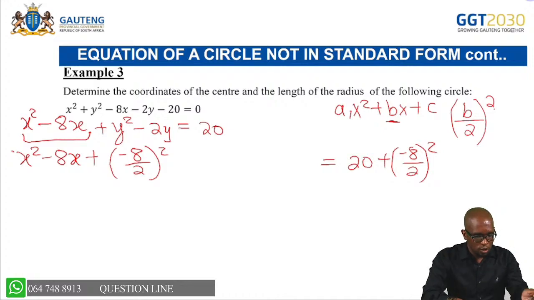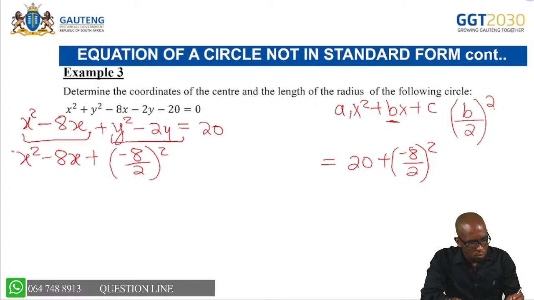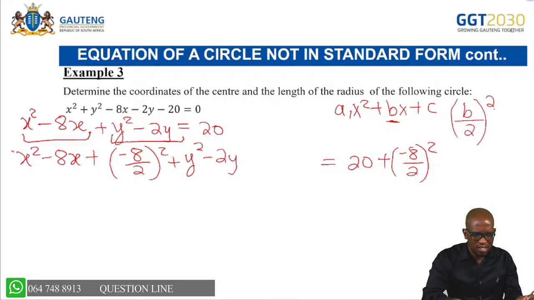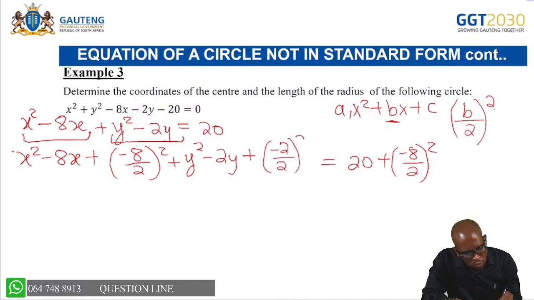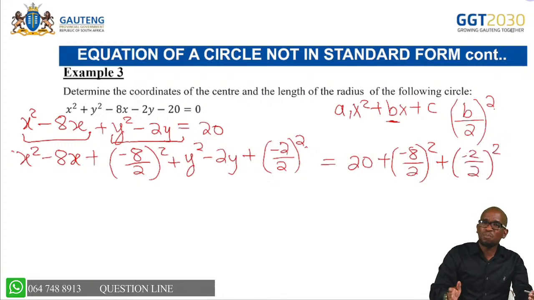Now moving on to the y values, this is y squared minus 2y. The value of b in this case is minus 2, so we take minus 2 over 2 and we square. We do the same on the right hand side. So that is basically how we complete the square.